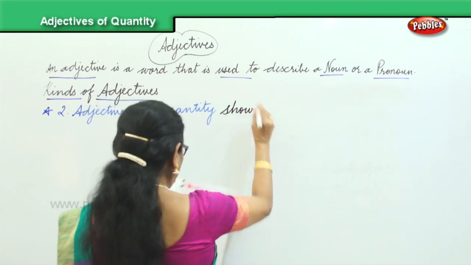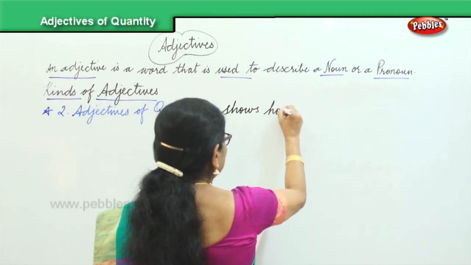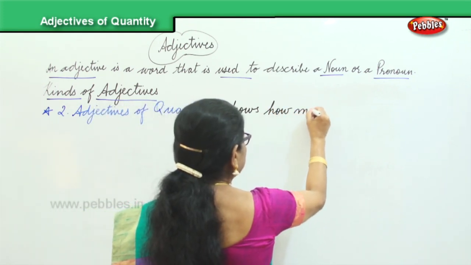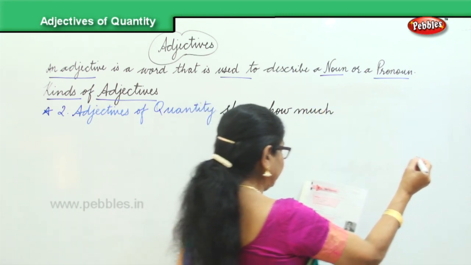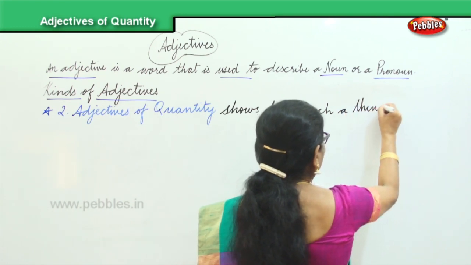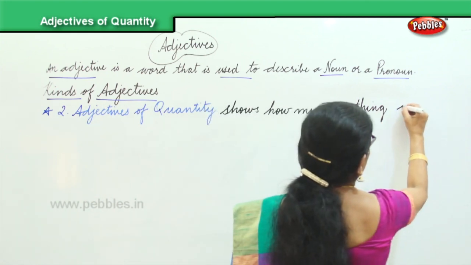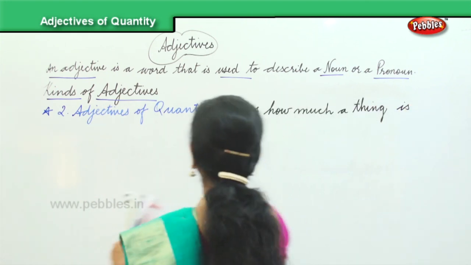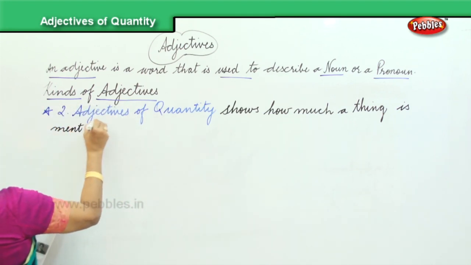An adjective of quantity shows how much a thing is meant or intended.